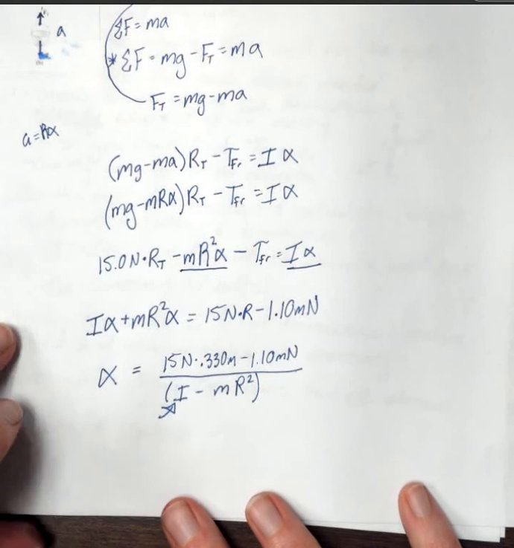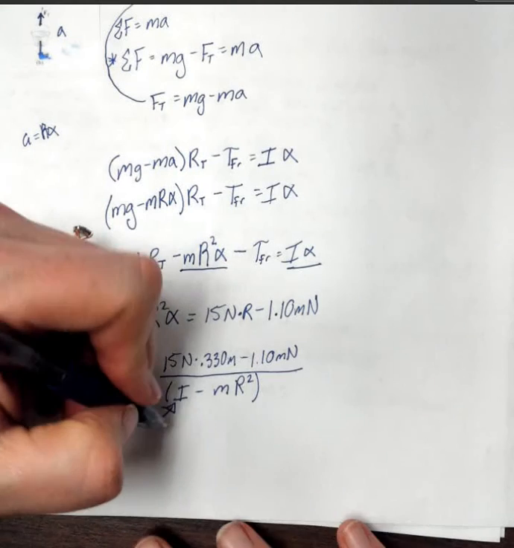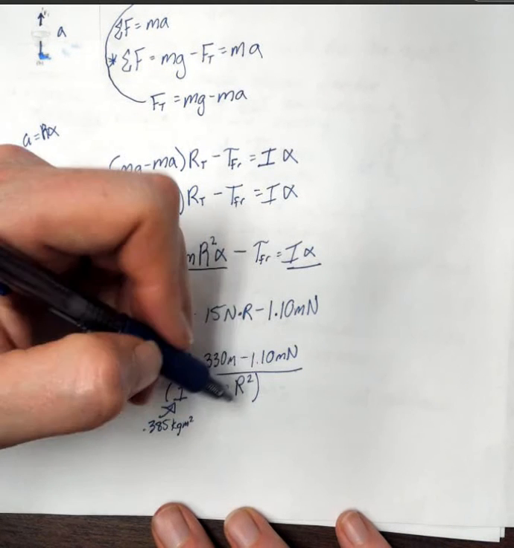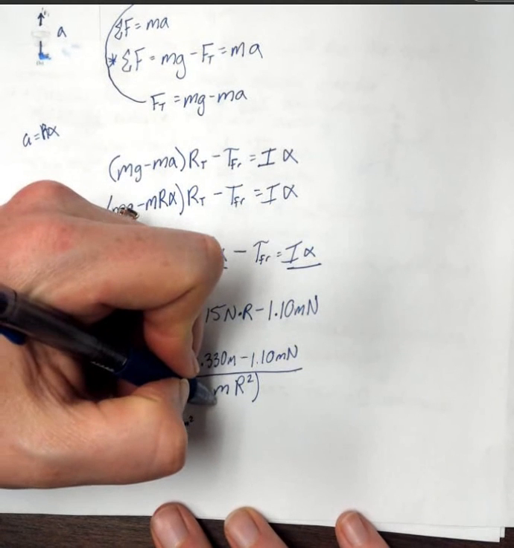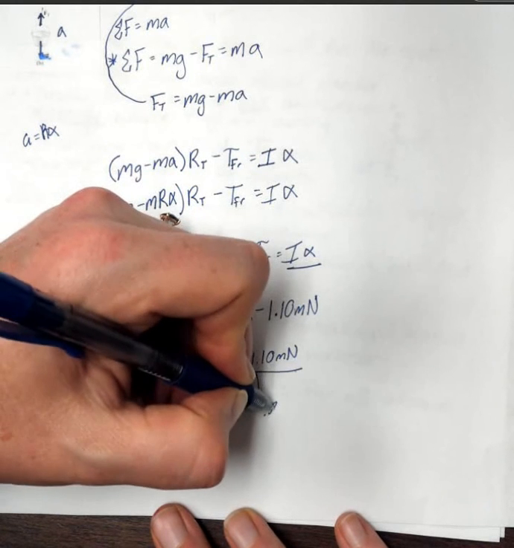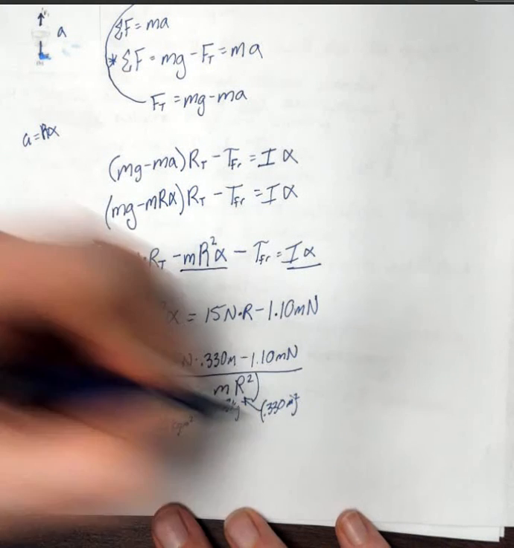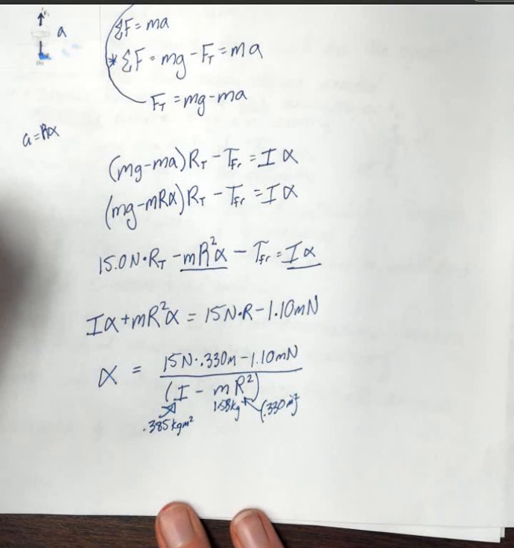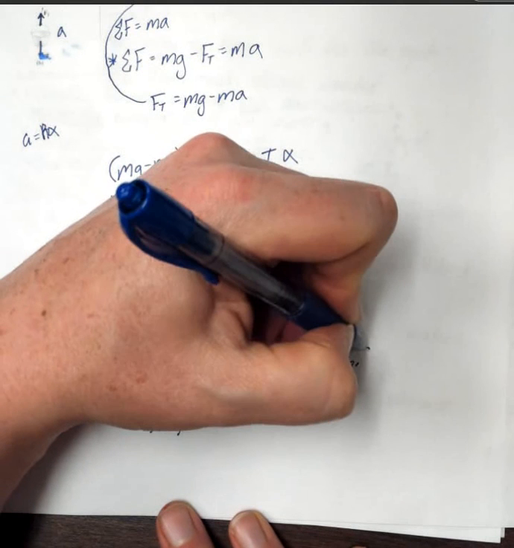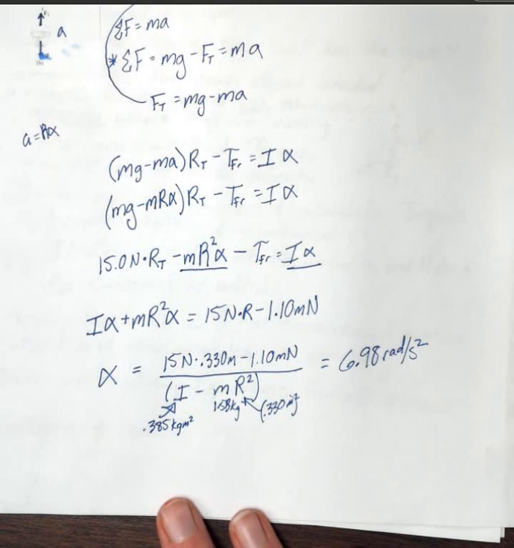It's the moment of inertia that I calculated previously, so it's 0.385 kilogram meters squared. And then this mass right here is 1.53 kilograms, and this is 0.330 meters, squared. So plugging in and solving, I get that my rotational acceleration is 6.98 radians per second squared. And that's the angular acceleration.